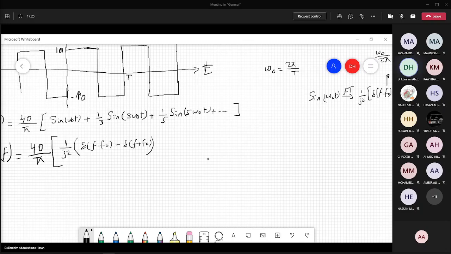So similarly for the second one, it is equal to 1 over 3, the constant, multiplied by sine, and sine it is equal to 1 over j2, again delta f minus 3 F naught, here 3 omega naught becomes 3 F naught, minus delta F plus 3 F naught.